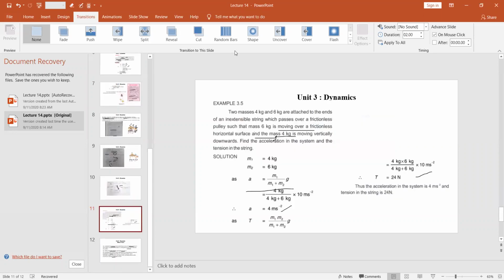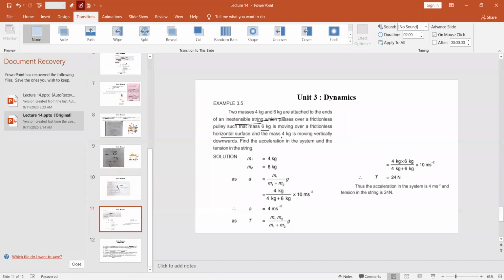So see example number 3.5, which is similar to the case which we have just learned. There are two masses, 4 kg and 6 kg. They are attached to the ends of an inextensible string, meaning there is no elasticity in the string, which passes over a frictionless pulley, meaning friction is 0 here, such that the 6 kg mass is moving over a frictionless horizontal surface, and the 4 kg mass is moving vertically downward.